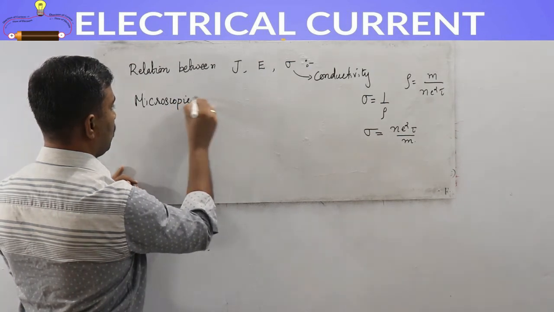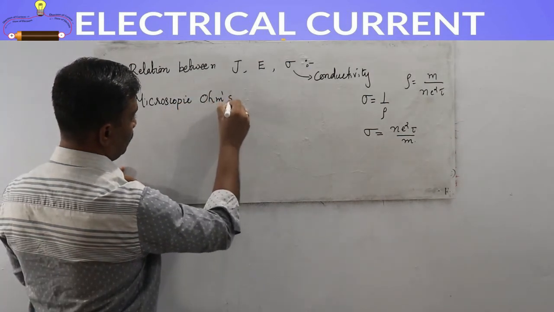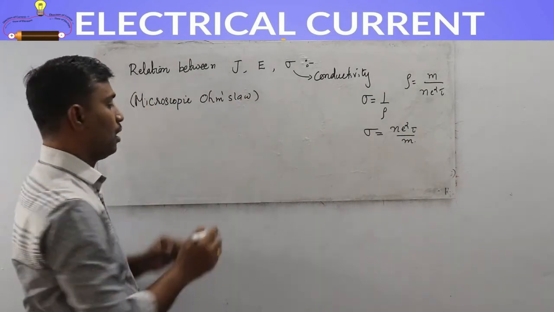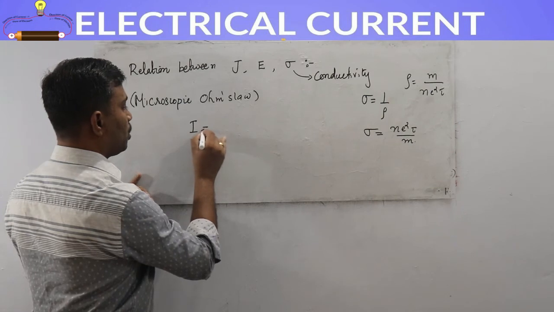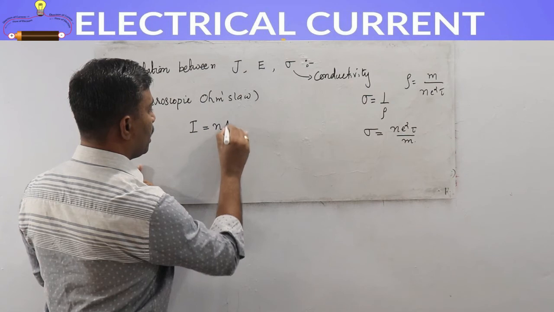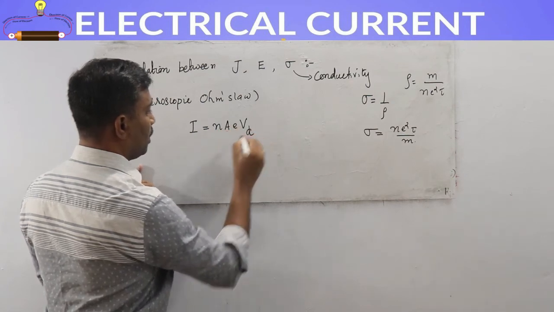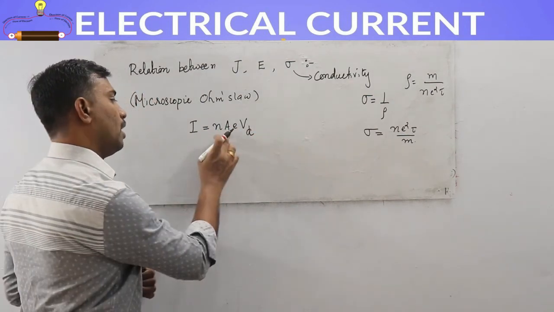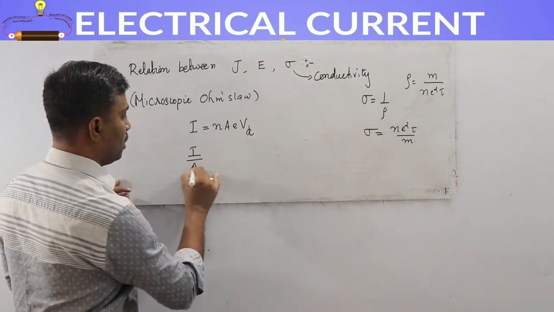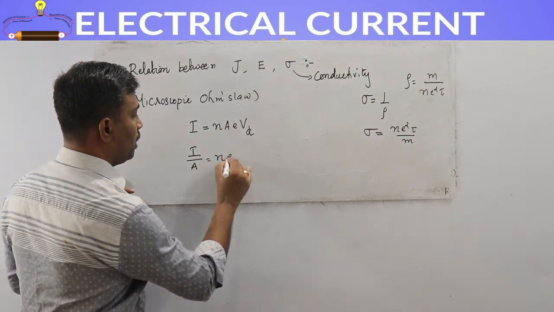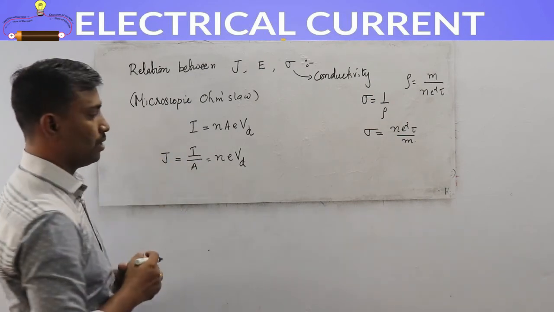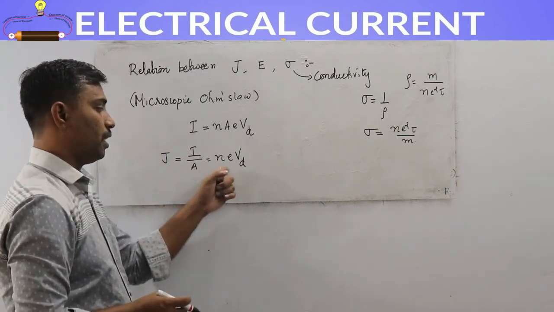We know that the current through a conductor in terms of drift velocity is I is equal to N A e Vd. Taking A to the LHS, we get I by A is equal to n e Vd. This is called the current density, J is equal to I by A.